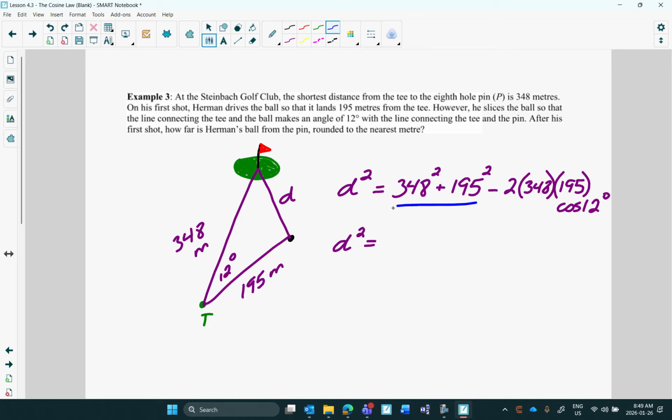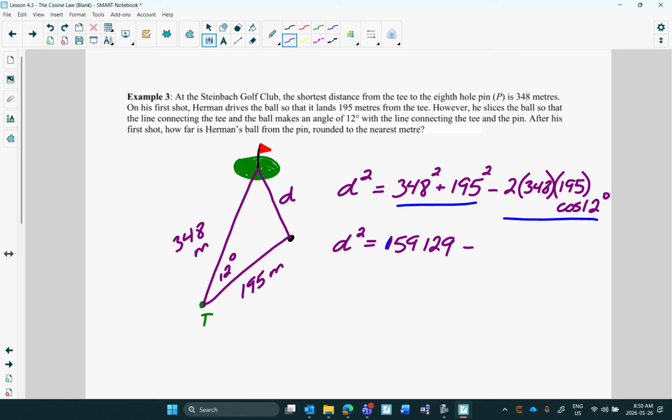And then we can do these together, we can do these together, and then subtract the results. So 348 squared plus 195 squared gives us 159,029 minus 2 times 348 times 195 times cos 12.